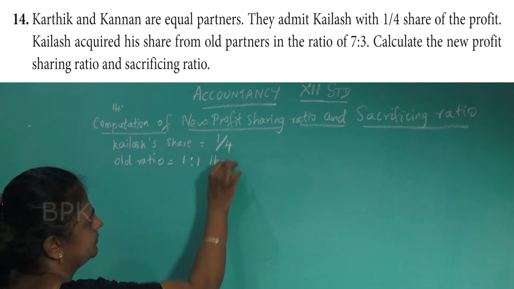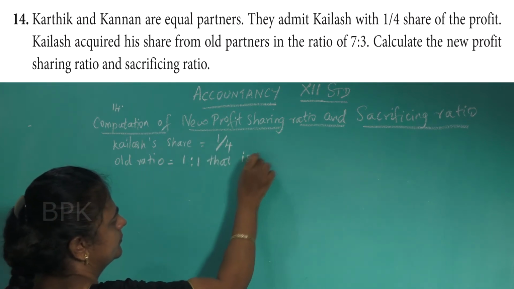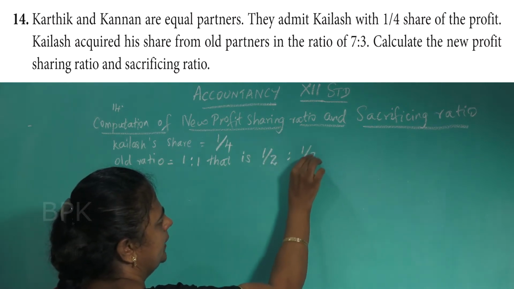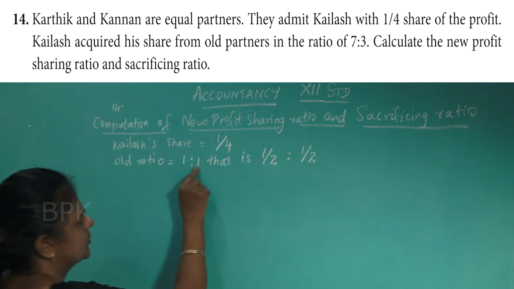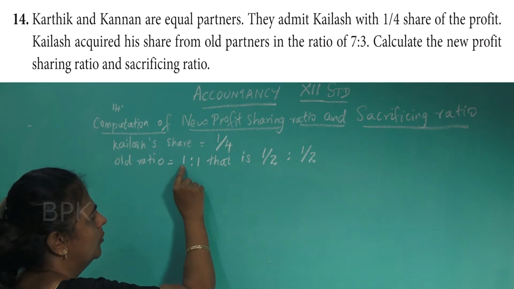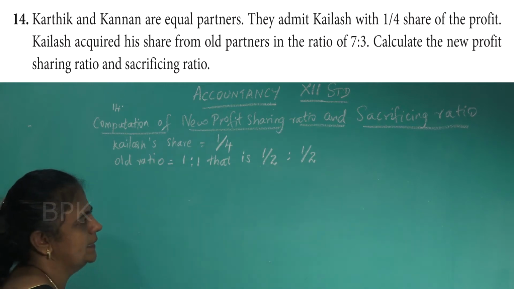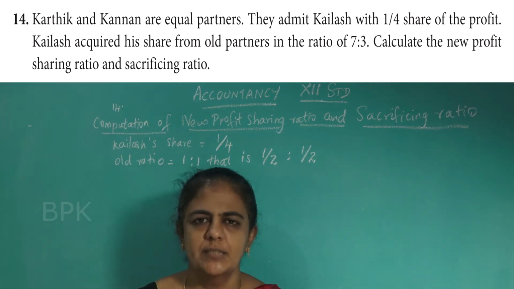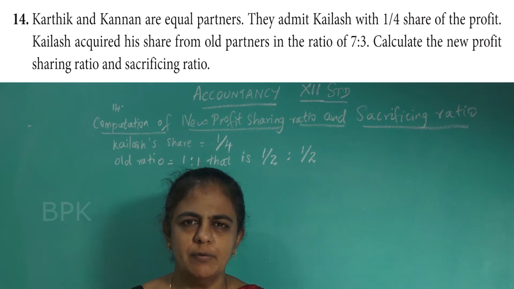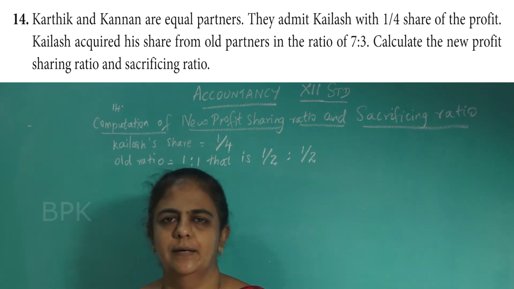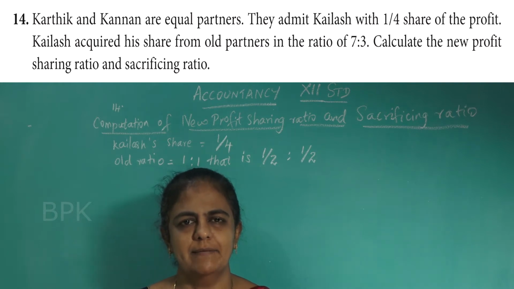That is 1/2 is to 1/2. 1 plus 1 gives the denominator 2, and both of them have numerator 1. 1/2 is to 1/2, that is the old share. What is the proportion? Whatever profit they are getting, they will be giving in a proportion to the new partner. What is that proportion? That is 7:3.